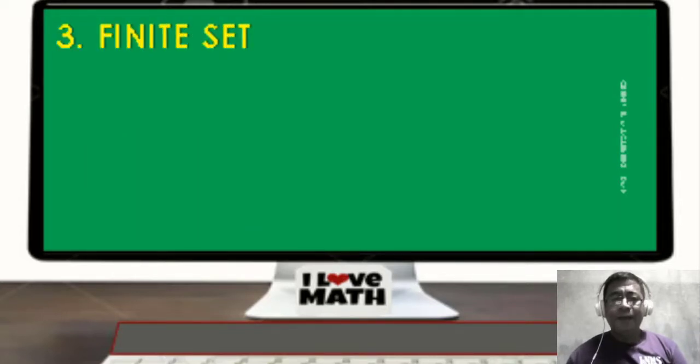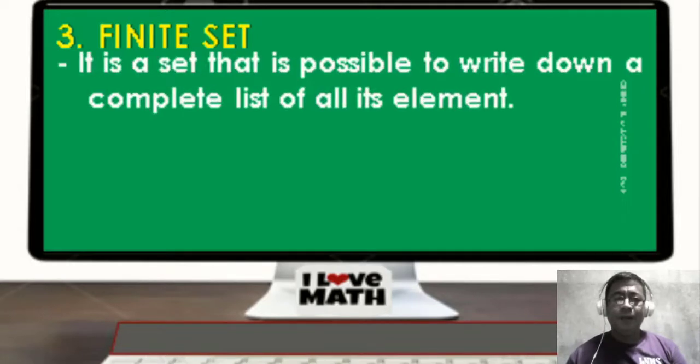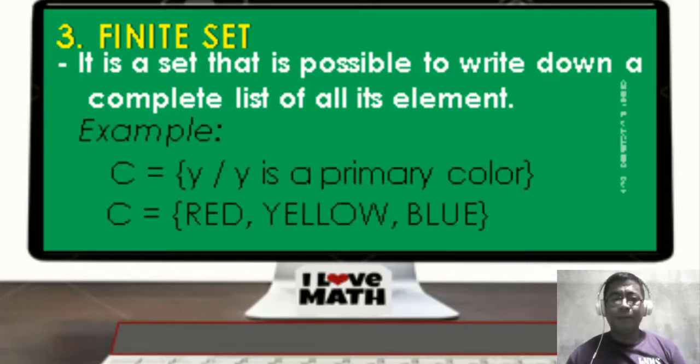Number 3, finite set. It is a set that is possible to write down a complete list of all its elements. In other words, when we talk about finite set, this set is a countable set. So we can determine the number of the elements of the set. We can just count its elements. For example, set C is equal to the set of Y such that Y is a primary color.